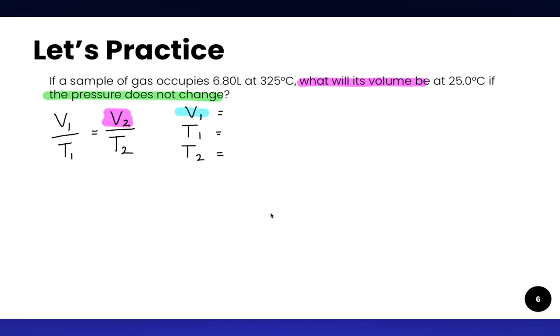The initial volume is 6.80 liters. The initial temperature is 325 degrees Celsius. We will need to add 273.15 to get our Kelvin temperature of 598.15 Kelvin.